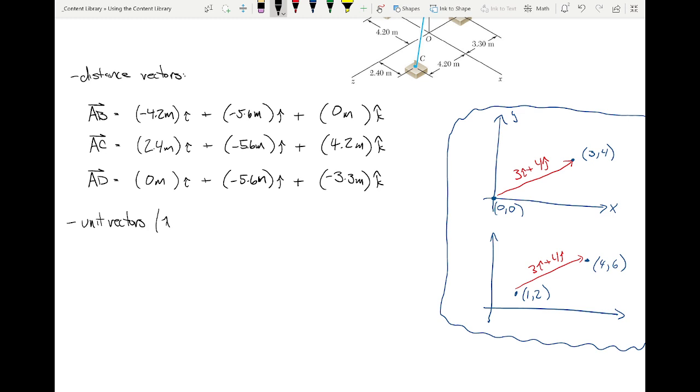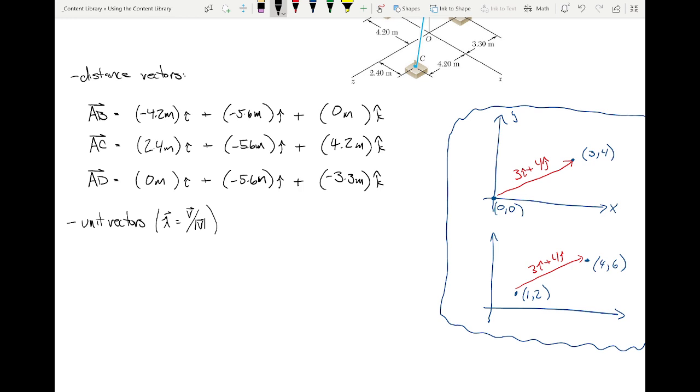Now, the way that we compute a unit vector is we take the vector in question and we divide it by its own magnitude, okay? Now, help me out. How do we find the magnitude of a vector? Say it again. Don't be shy.